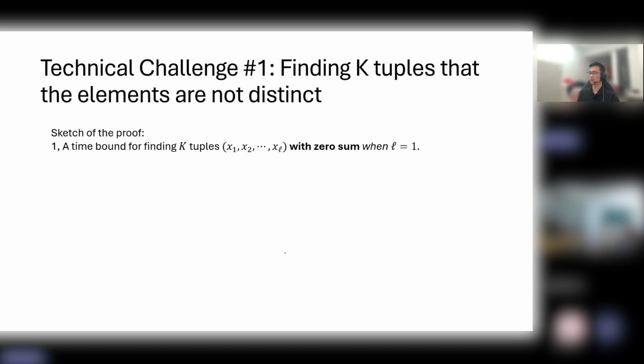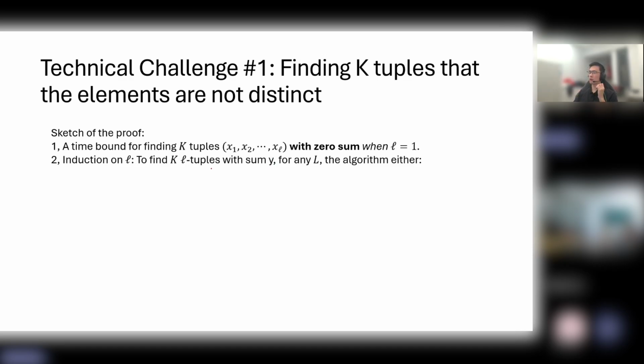pre-images of zeros. Then for a larger L, if the algorithm wants to find k L-tuples of some y, here it is not zero.